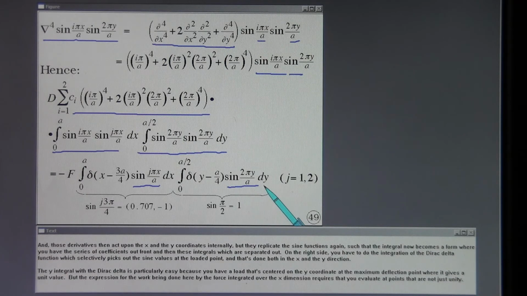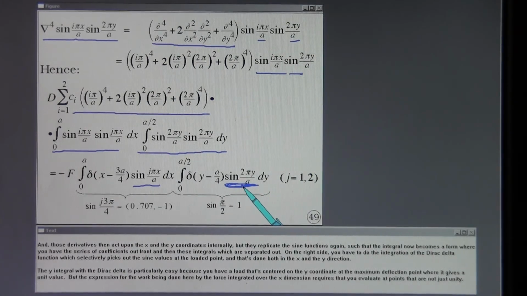The y integral with the Dirac delta is particularly easy because you have a load that's centered on the y coordinate at the maximum deflection point where it gives a unit value. But the expression for the work being done here by the force integrated over the x dimension requires that you evaluate at points that are not just unity.